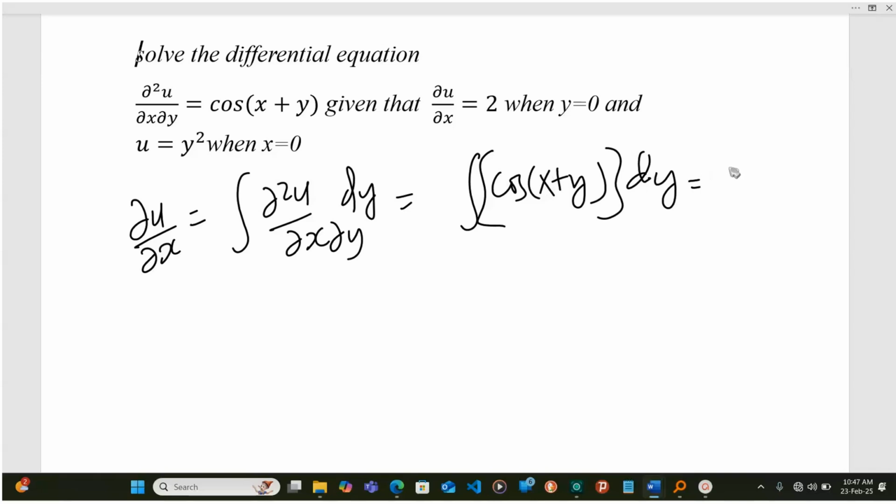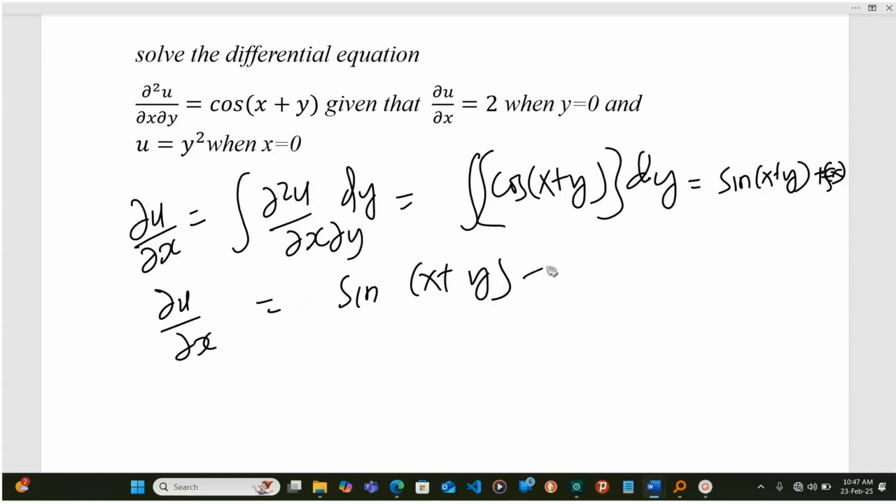This becomes sine x plus y, then plus a constant of integration, which is going to be in terms of x. So f of x. So del u, del x is equal to sine of x plus y plus f of x, an arbitrary function, as we said, but which is in terms of x.